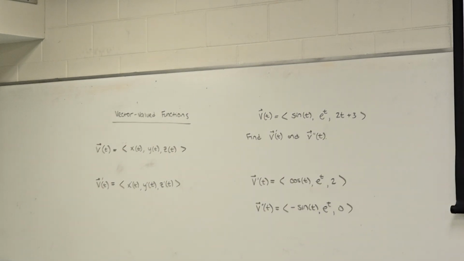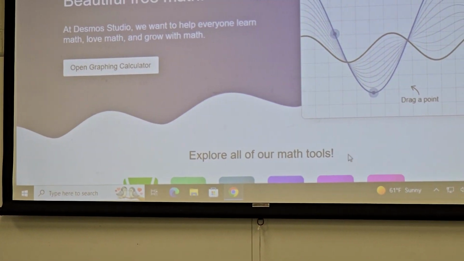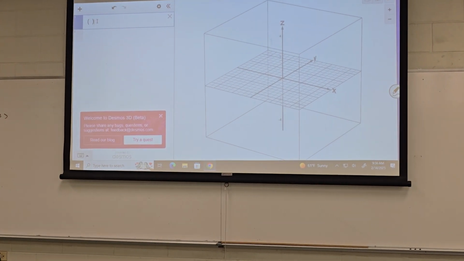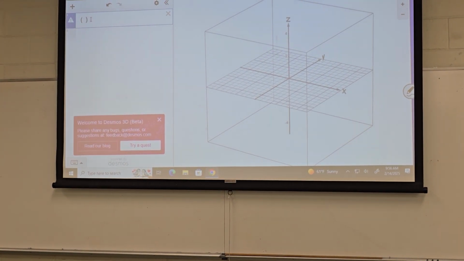so let's go ahead and look visually at what a derivative gives me if we're taking the derivative of a vector-valued function. I'm going to do my vector-valued function sine t, cosine t, comma t. So this is a helix.